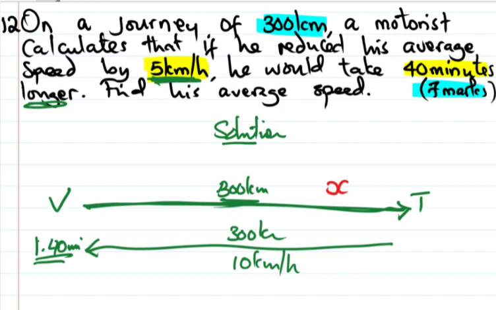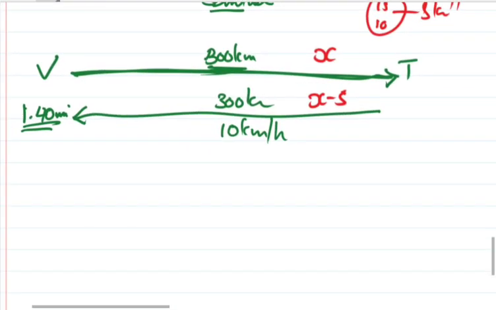When returning, he will be traveling at x minus 5. Remember, he traveled at 15 km per hour, and on the way back he reduced it, so this time it is 10 km per hour. So the difference between the speeds is 5 km per hour.